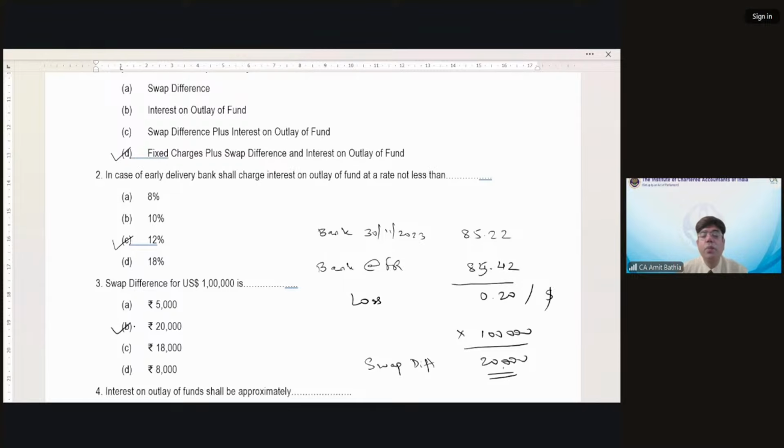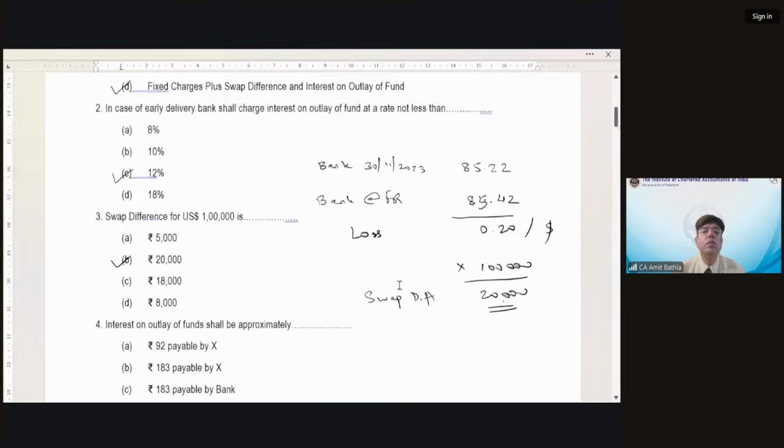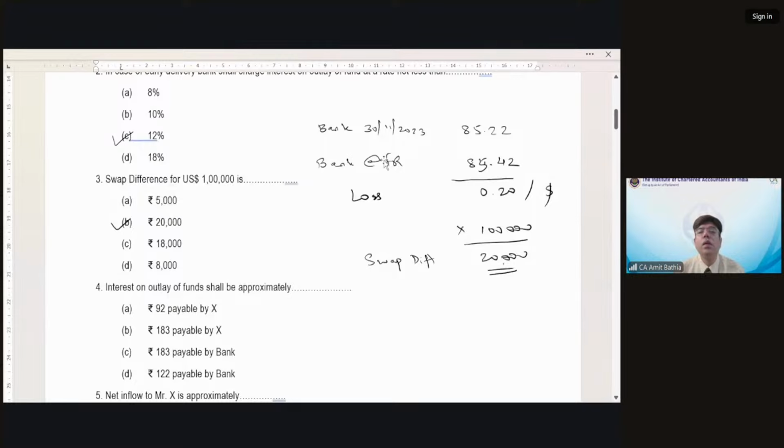So the correct answer should be B. Bank spot rate is 85.22.